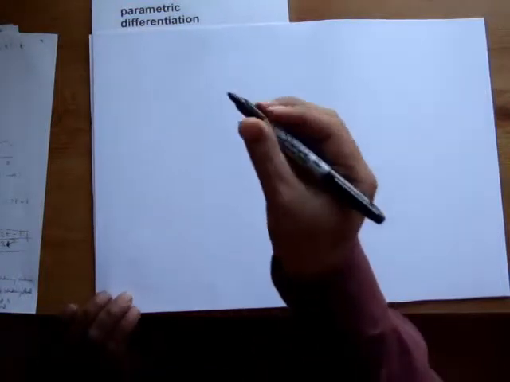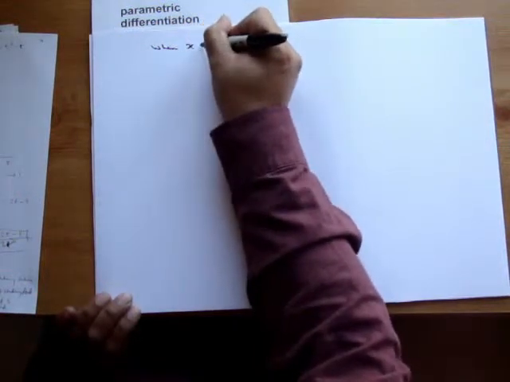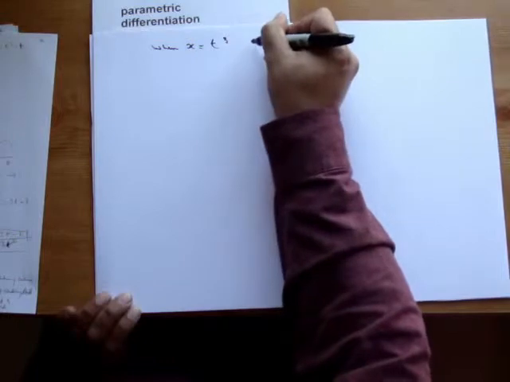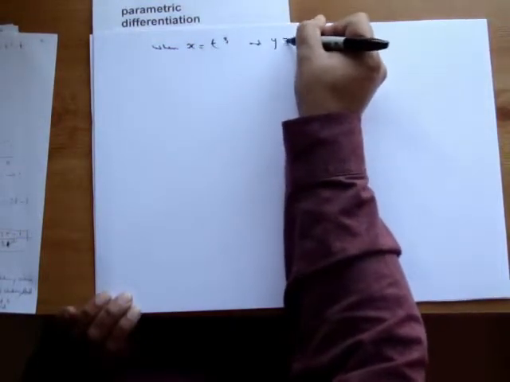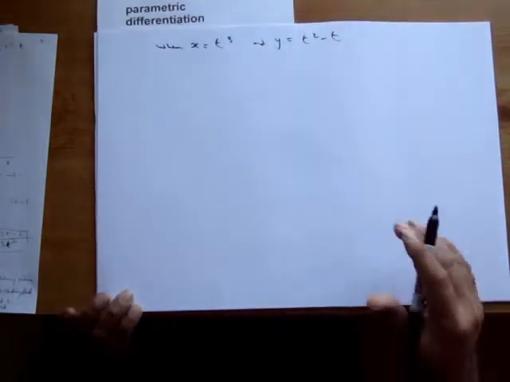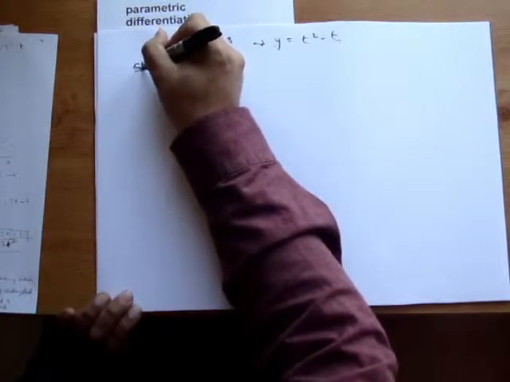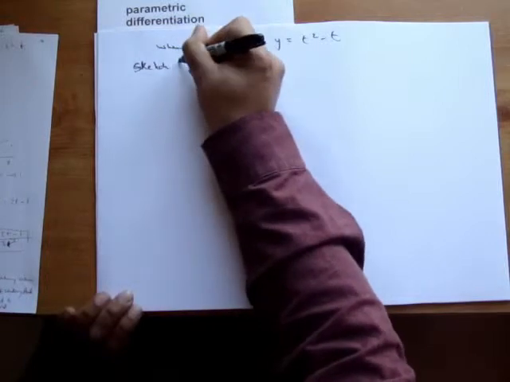Okay, let's investigate further and look into some of the things that we can find out when we do parametric differentiation. So let's have a look. When x equals t cubed and y equals t squared minus t, we can be asked to sketch the curve.